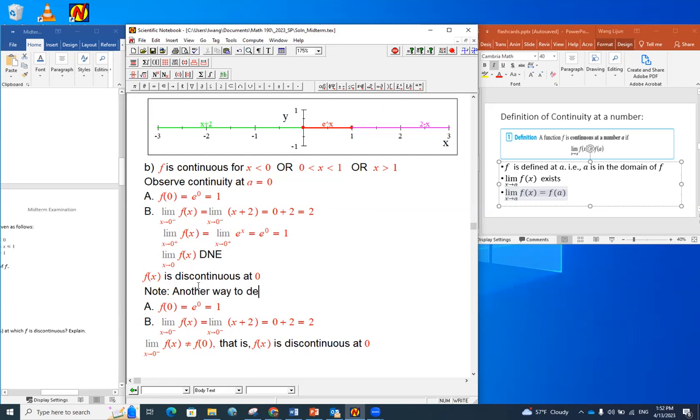The other way to demonstrate this continuity, you can do that. It's just a note, so you understand there's a variety of ways of doing it. Now, 0 is a point of discontinuity.